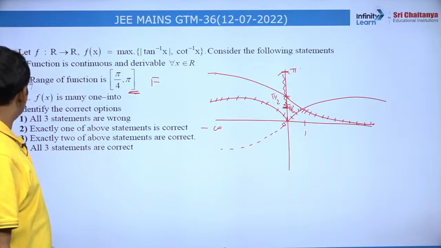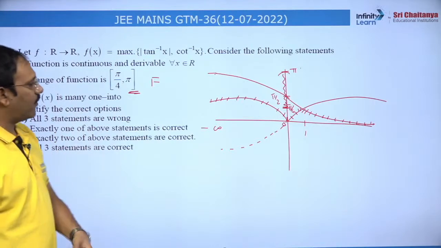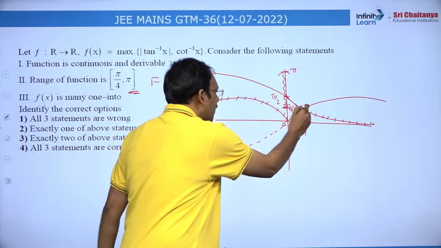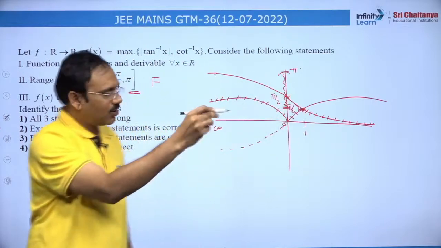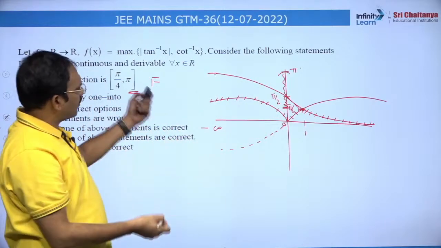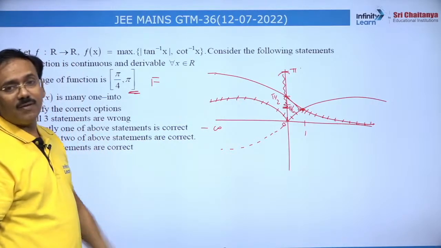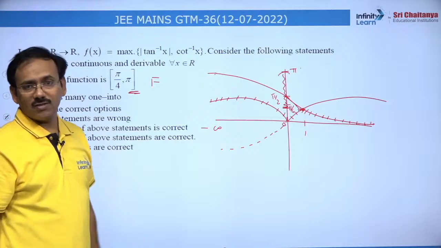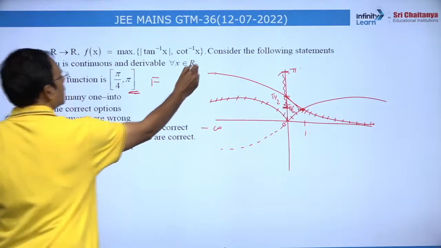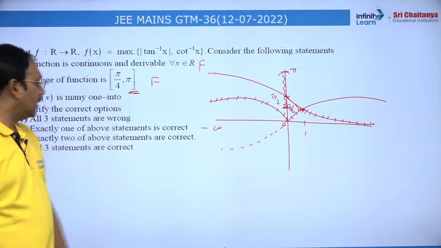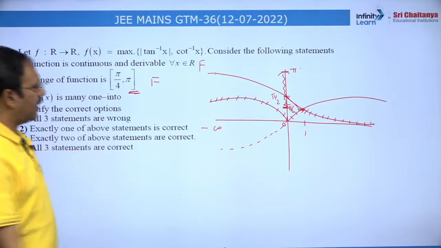Next, f of x is continuous and differentiable. You will get a sharp kink here, it is not differentiable because curvature is varying. If at all you want, you can take the derivative. Tan inverse x derivative is 1 by 1 plus x square, there minus 1 by 1 plus x square, both will be different. So even this statement is also false. Dear friends, f of x is many one, exactly.